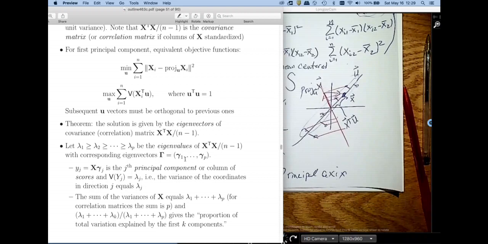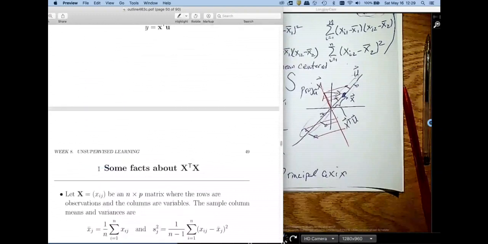All right, a couple of really important points. I'm just going to state these as theorems, and maybe I'll prove them in a subsequent video for those of you who are interested. The principal components are going to be x times these eigenvectors.